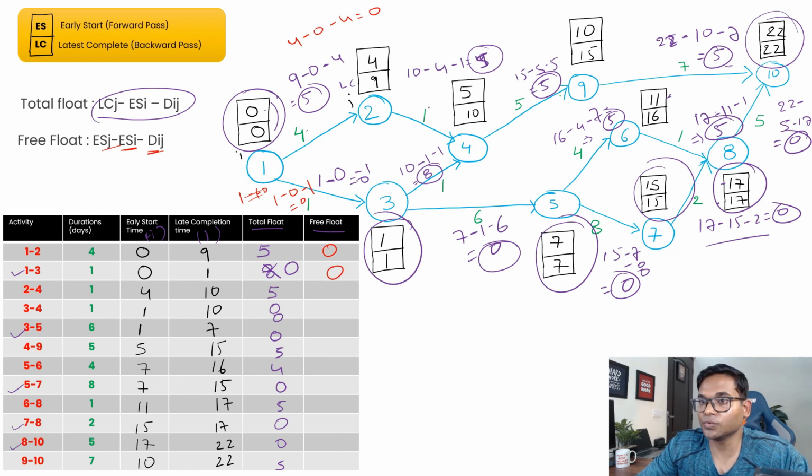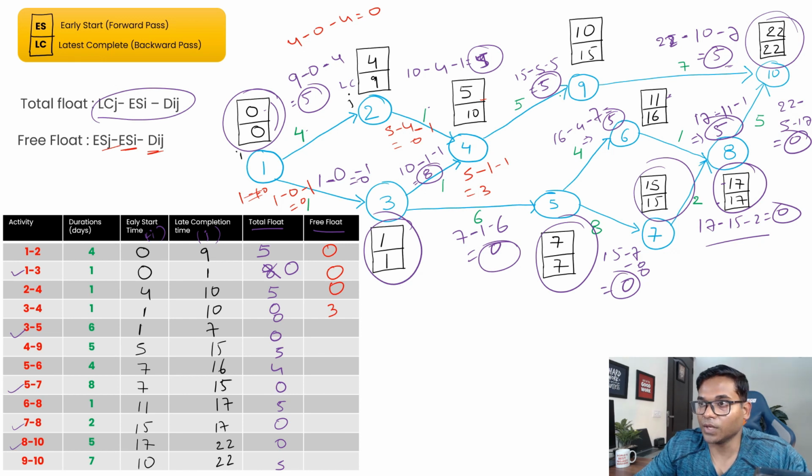Then moving to 2 to 4, again this is 5 and 4, so it is 5 minus 4 minus duration 1, which is again 0. Then we move to 3 to 4, this one. Again, this is ES of J, 5 minus 1 minus 1, which comes as your 3.